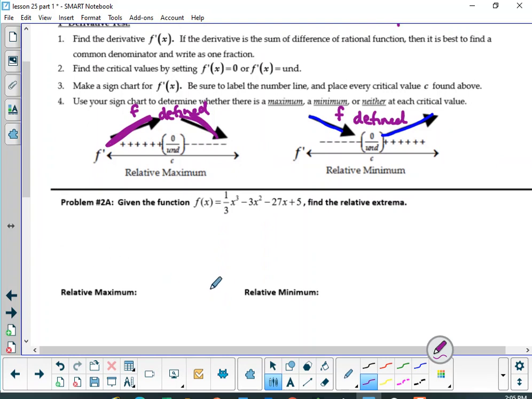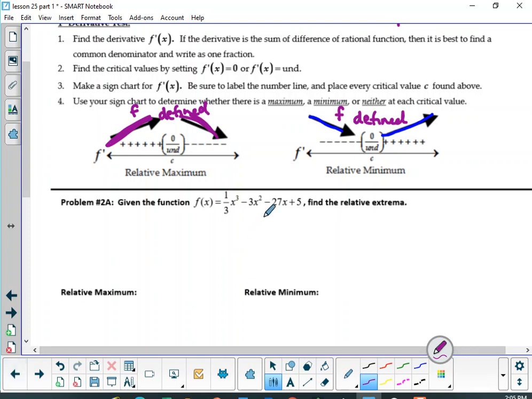So, I guess that's kind of what I forgot when I was doing the last video, you've already done critical value finding. Lesson 24, finding critical values, taking your derivative and setting it equal to 0, was already a part of the process.